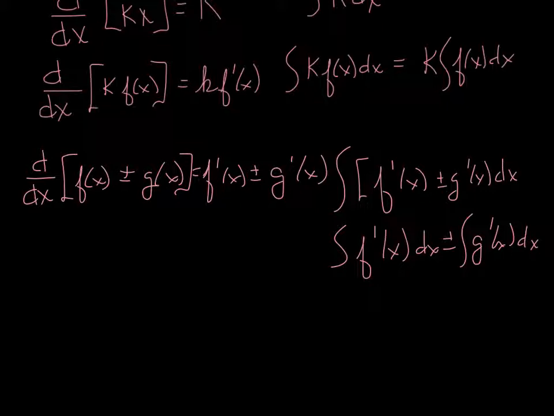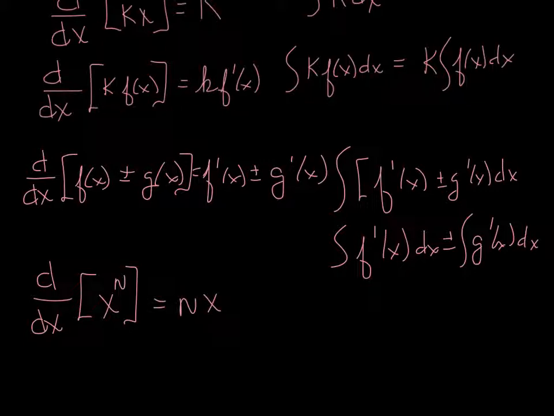Let's look. You saw this rule when you watched Khan Academy. We said that if we take the derivative of x to the n, that is equal to n times x to the n minus 1. As long as, I can't remember if we had a restriction there.